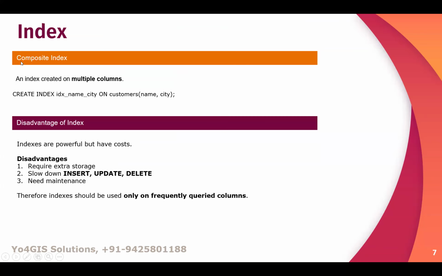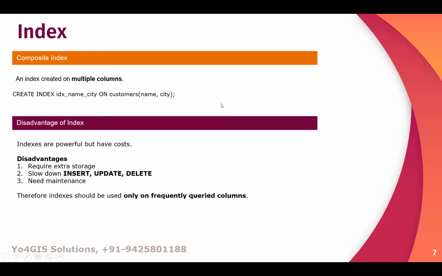Now after that we have the composite index. A composite index is basically created using more than one column. When do we require a composite index? Let's suppose the columns are name and city.